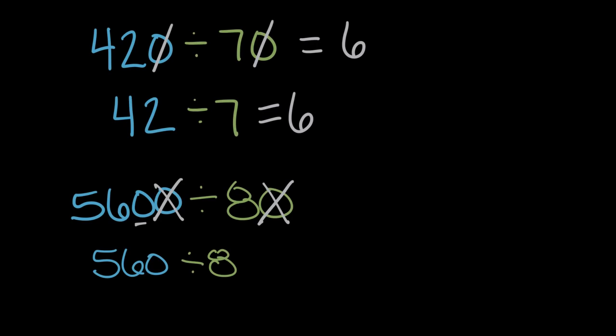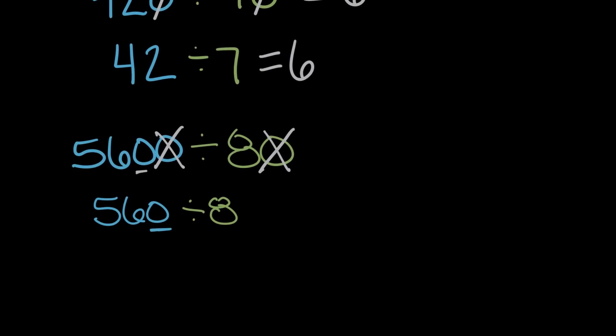So here we can think of 560 as 56 tens because of the 0 on the end. And 56 tens, or 560, could be rewritten as 10 times 56. These are equivalent, 560 and 10 times 56, because 10 times 56 is a 56 with a 0 on the end.